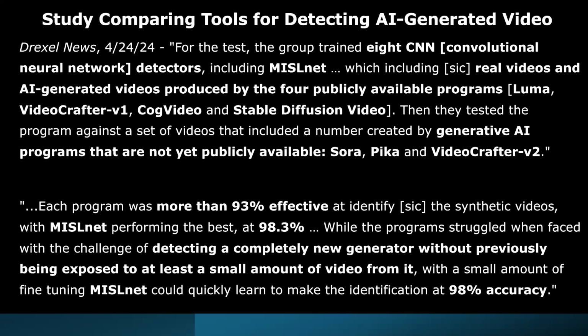The MISLNet tool was able to both correctly identify AI-generated videos and quickly adapt to new forms of AI-generated video it was previously unfamiliar with, making it a very effective resource for detecting AI-generated content, at least for the moment.